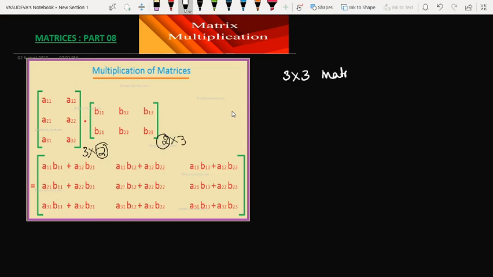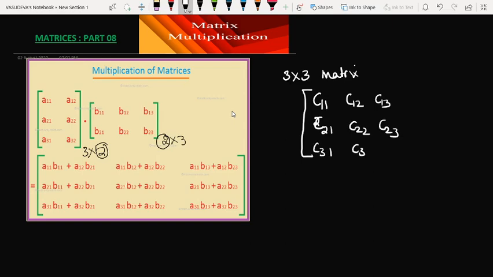Naturally it must have 3 rows and 3 columns. So naturally we come to know that we are taking C11, C12, C13, and this is C21, C22, C23, and C31, C32, and C33.